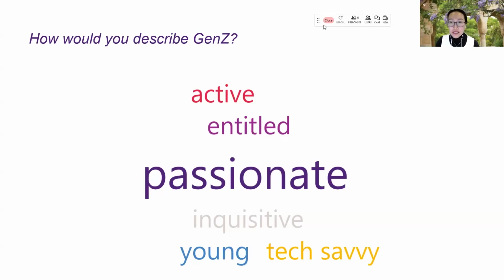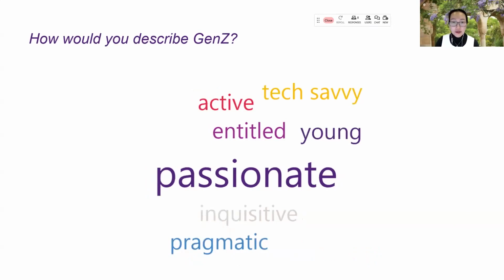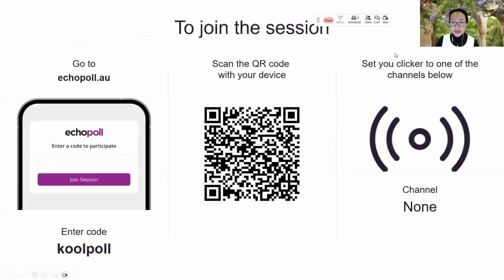Let me see if it can, because the question seems to be still open. I need to close the question first by clicking on the slide, and after that I can add a QR code. Let me try to add a QR code here, the join slide. In case I have a latecomer, students can scan, so let's see if I have anyone who wants to scan and join the poll.